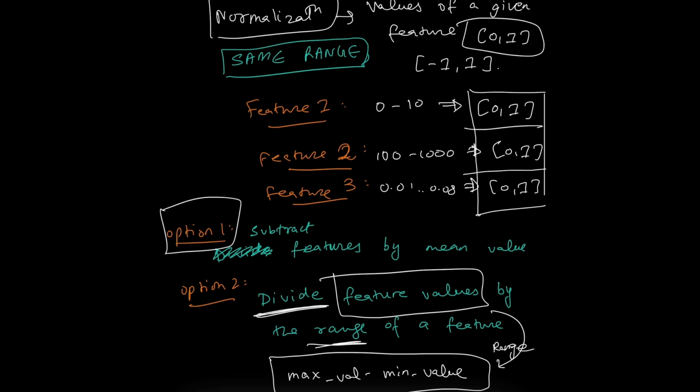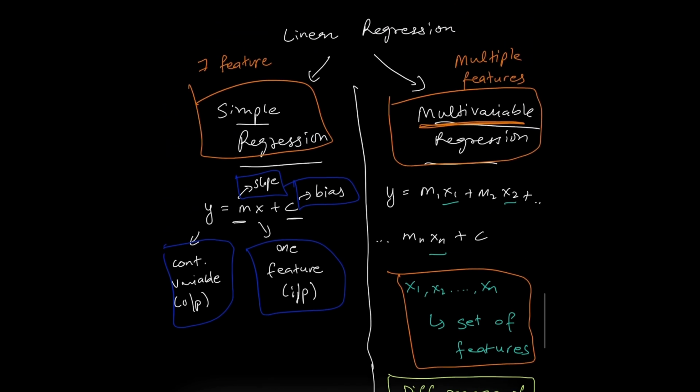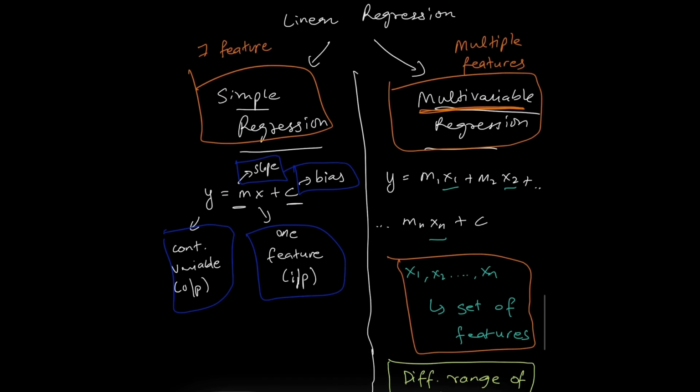So basically this is normalization, and it is recommended you do that before you start the training for multivariable regression. And multivariable regression is very similar after the normalization. It's actually the same as simple regression that we discussed in detail.